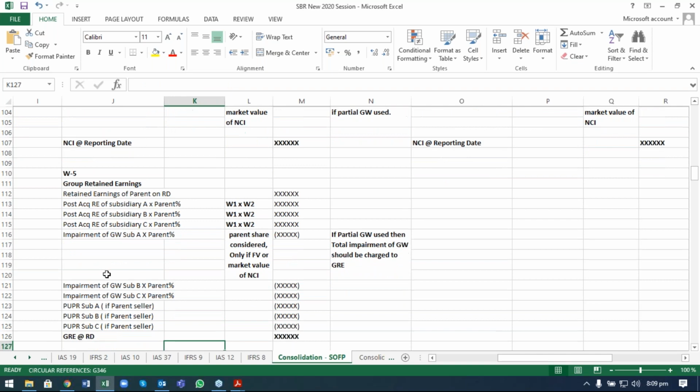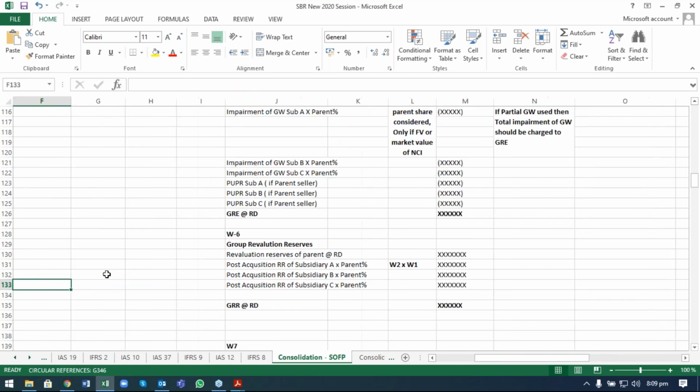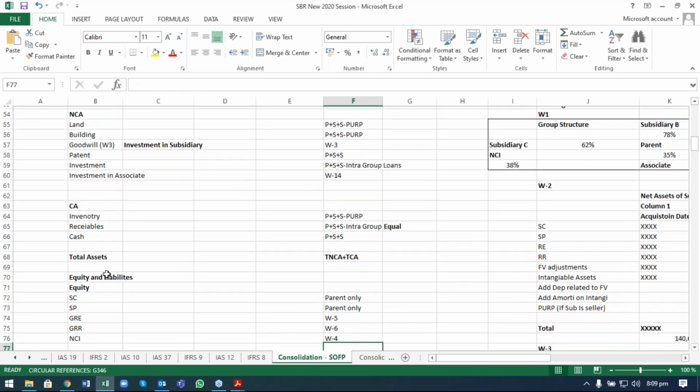So that's how you need to calculate group retained earnings, and then group revaluation reserves should also be calculated in the same way for subsidiary A, B, and C. Now your question would be how we are going to account for this goodwill. When you are adding up assets, parent plus subsidiary A, subsidiary B, and subsidiary C, the goodwill of all 3 subsidiaries should be added up in one line item in your balance sheet, in the same way as you have calculated NCI.